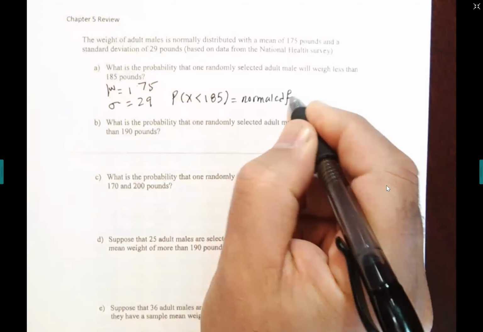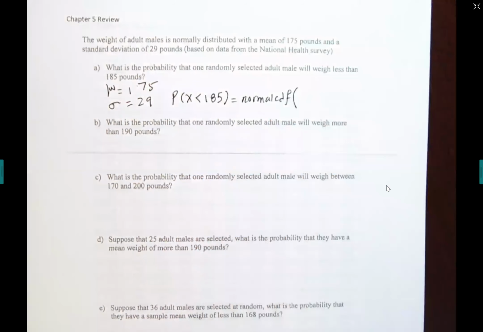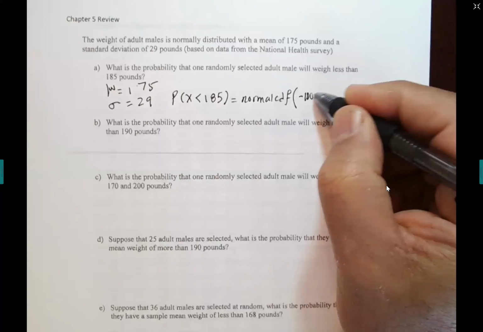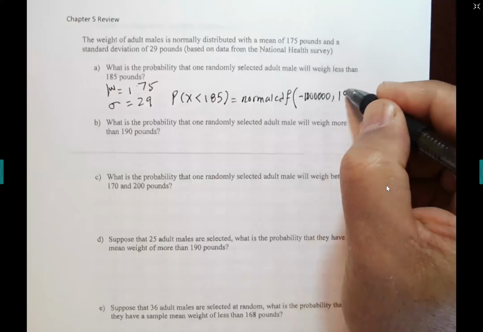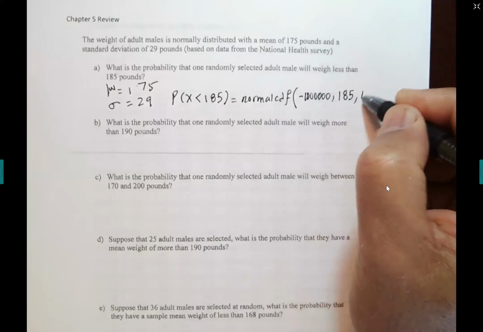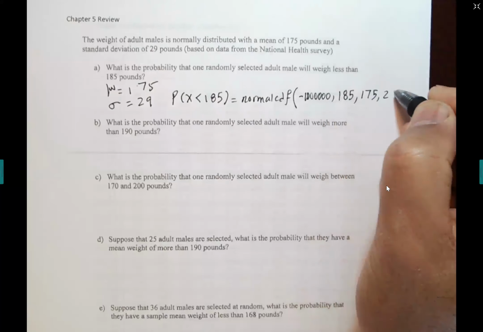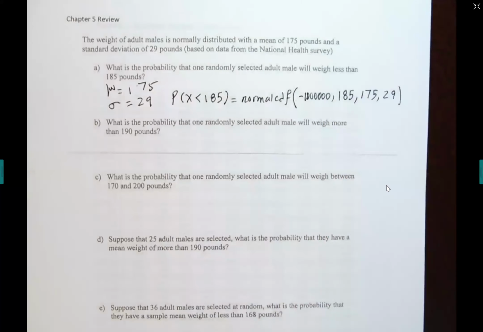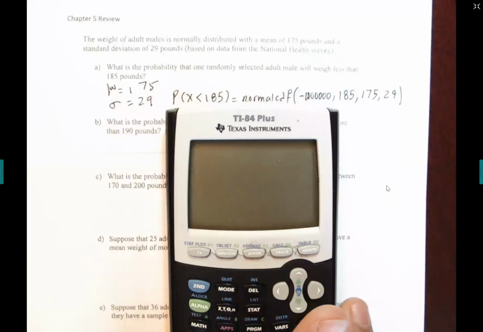Every time you have a less than, guys, you have to start with a negative a million or billion. That's your lower bound. Then your upper bound is 185. Your mean is 175 and your standard deviation is 29. Let's see what the answer is using the calculator.